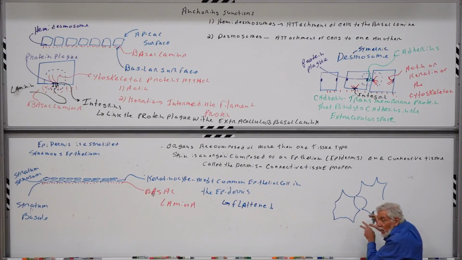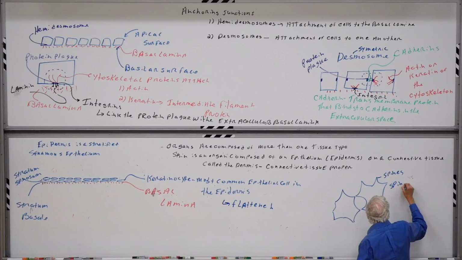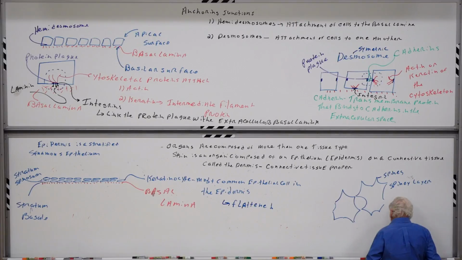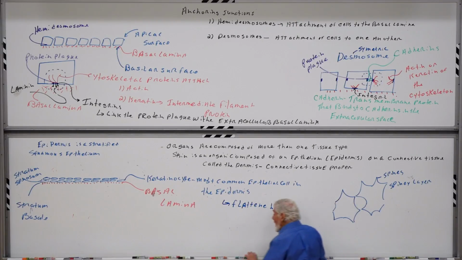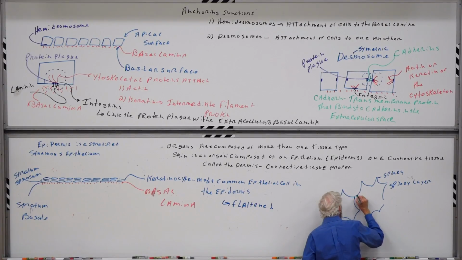So they were pointed. They had these points on them. They said these are spines. They said this is the spiny layer. We now know why these things looked this way was because they continued to be attached at these sites by desmosomes.